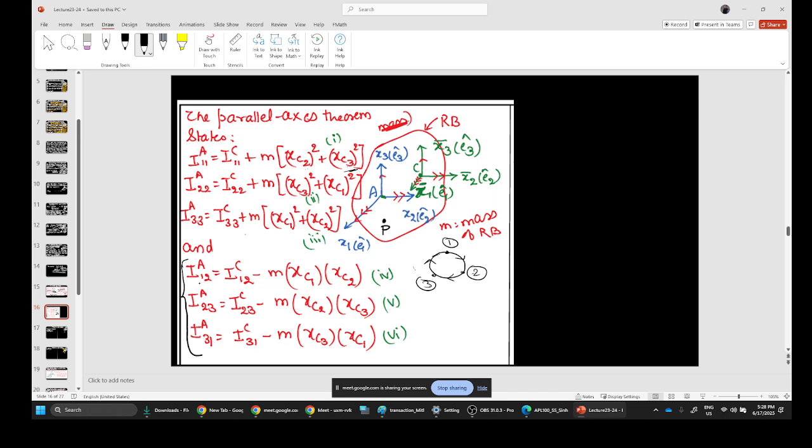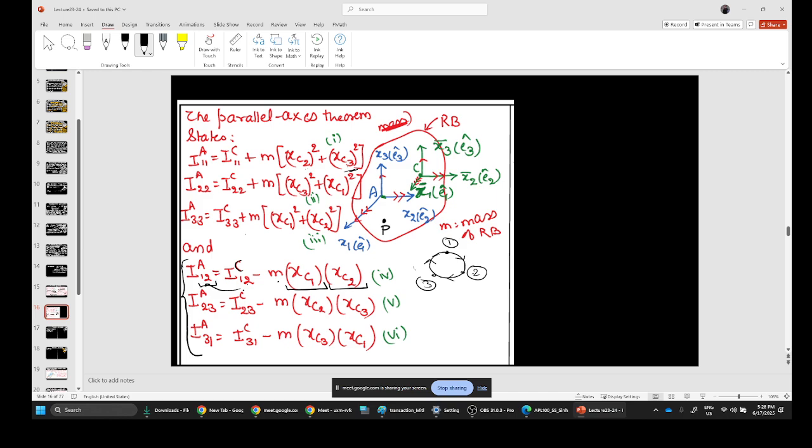Now let's see the relationships here. First one is taking us from IC12 to IA12. And as it takes us from IC12 to IA12, you have an extra term here which is minus m, the total mass, multiplied by the first coordinate of the center of mass and the second coordinate of the center of mass measured from the blue coordinate system.